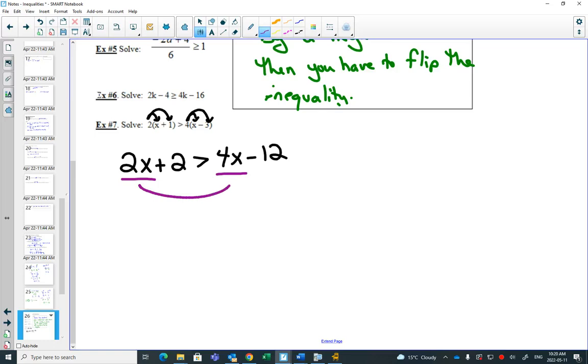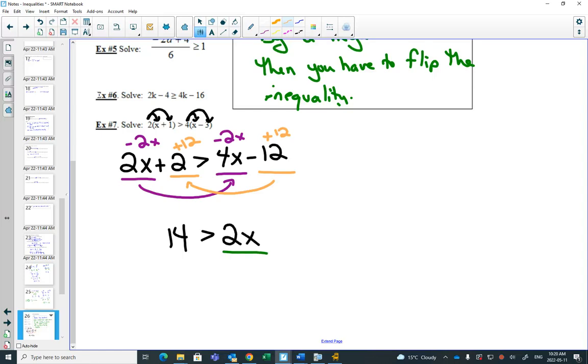Generally, I would say move the x's to the side to keep things positive. So subtract 2x on both sides. These are like terms. That would mean I'd move my numbers to the other side. Means I have to add 12 and add 12. 2 plus 12 gives me 14. 4x minus 2x gives me 2x.